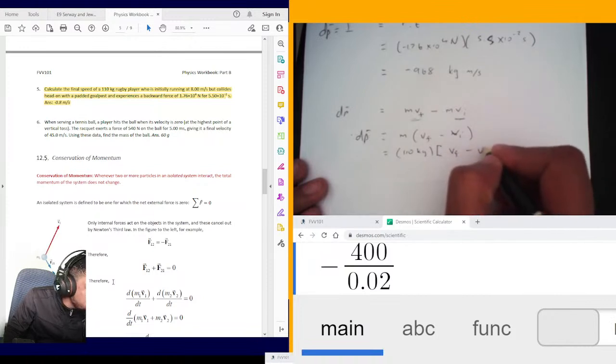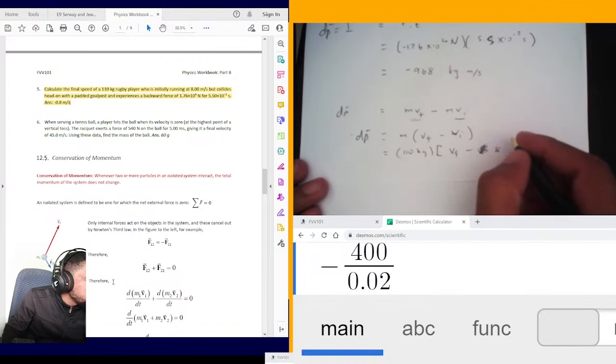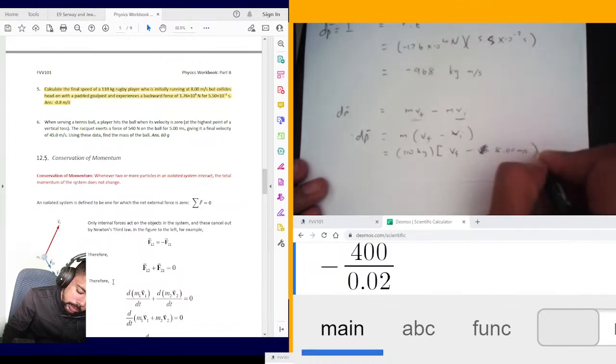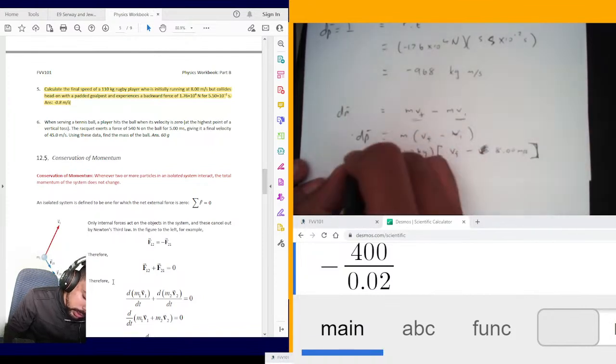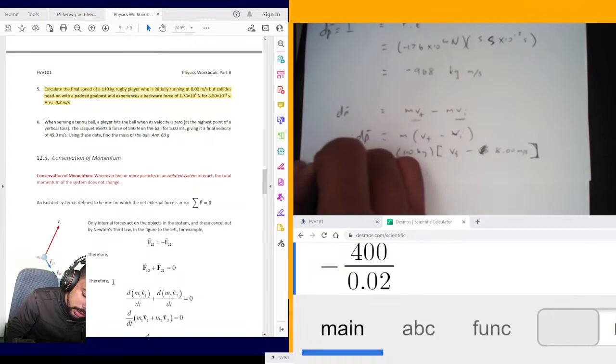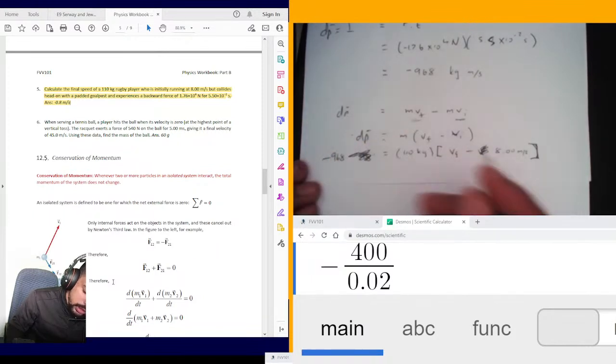The velocity initial is 8 meters per second. The impulse is negative 968 kilogram meters per second.